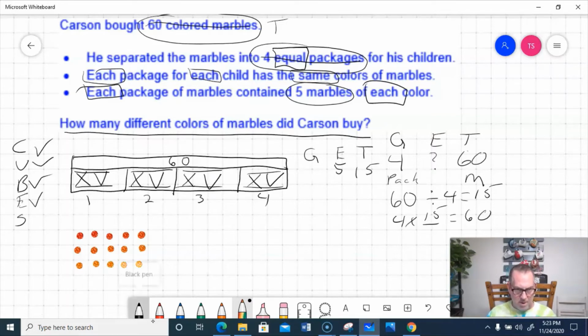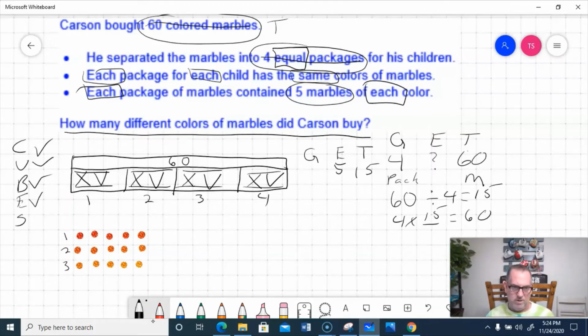So I put on my marbles, and my columns are going to represent how many are in each package, and my rows are going to represent the colors. So this would be color 1, this would be color 2, and this would be color 3. So it looks like I got 3 different colors.